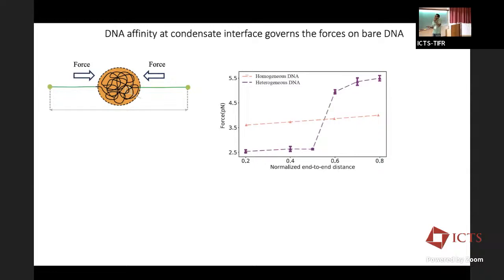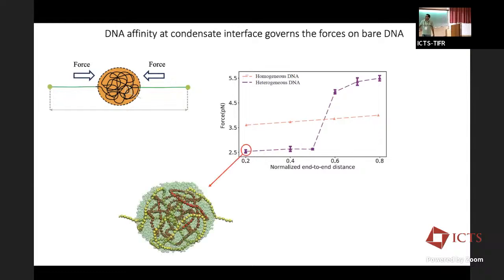And now you go to the heterogeneous DNA, the one that I showed. As you see, up to some end-to-end distance, 2.5, it's almost constant, and then there is a sudden jump. The jump is simply because initially the condensate was large, and you see the yellow beads at the interface, right?